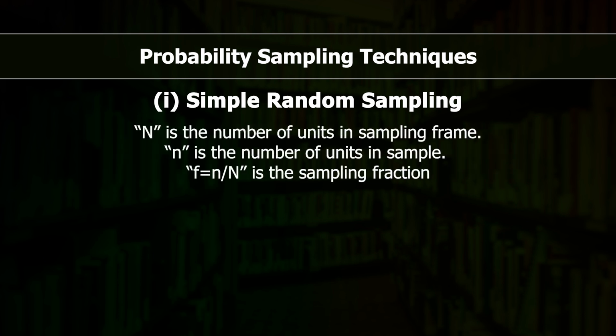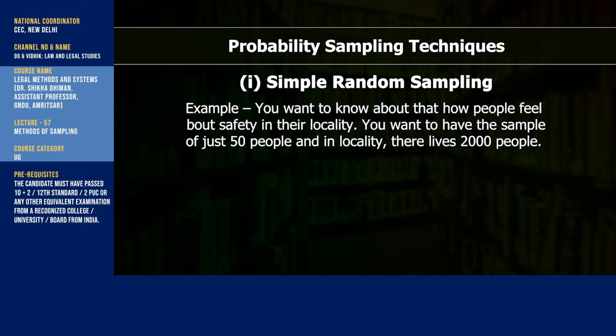N is the number of units in the sampling frame and small n is the number of units in the sample, and the formula comes out to be, the sampling fraction f is equal to small n over capital N. For example, you want to know about how people feel about the safety in their locality.